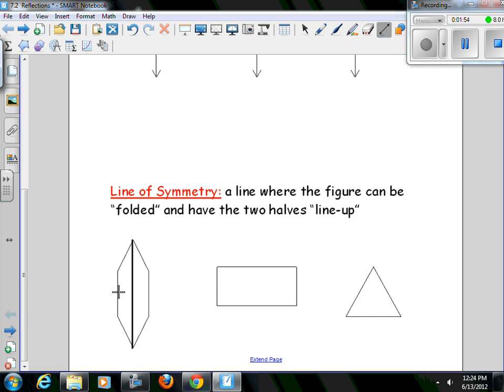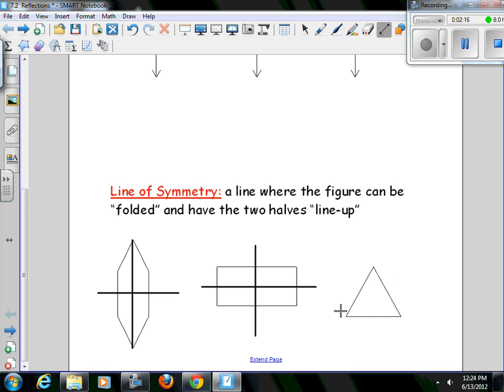There's also one that would go right across the middle. We have one that would go through the center of this next figure. If you folded the two pieces in half, they would line up. One would go right through the center going the other way, so it would go both horizontally and vertically.